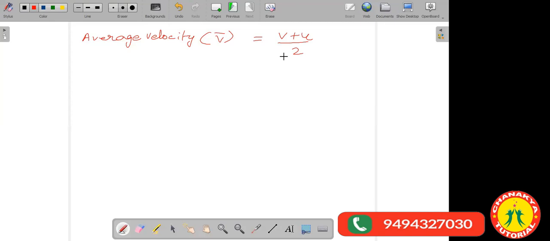So average velocity will be calculated as v plus u by 2. Also, we know average velocity is given by another formula. The average velocity is also given by total displacement by total time. This was the formula which we studied in the beginning. V bar, meaning average velocity, will be total displacement by total time.